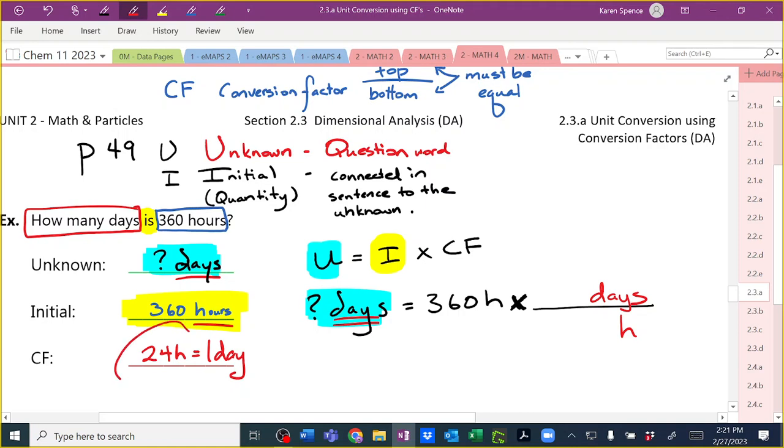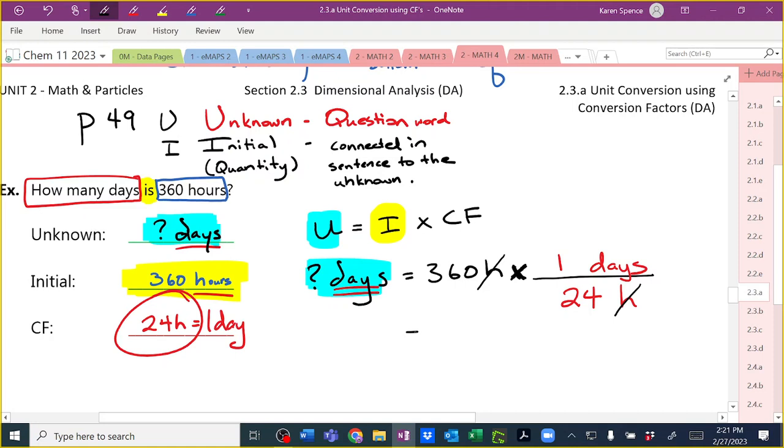And we know that there are 24 hours is equal to 1 day. We have hours on the top of the equation and on the bottom of the equation, they will cancel out.